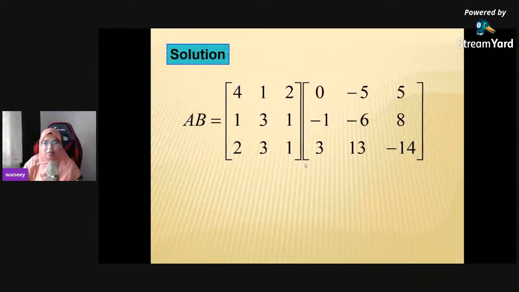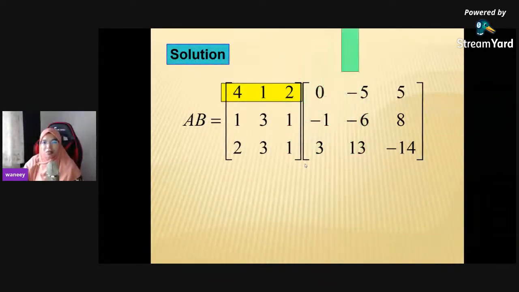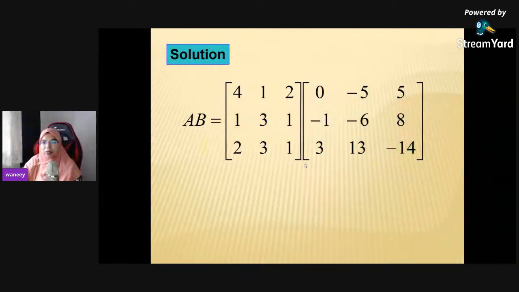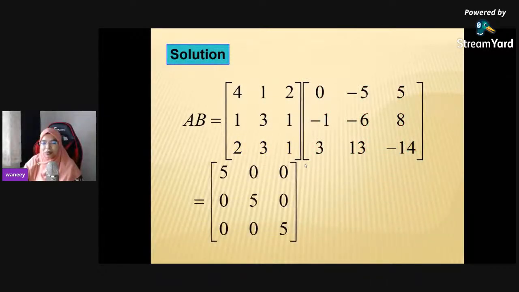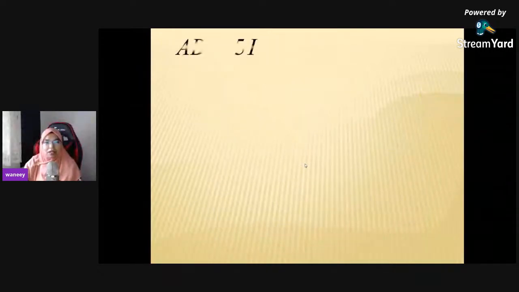So for AB, you take the first row times each column, then the second row times each column, then the third row times each column, and the answer is 5, 0, 0, 0, 5, 0, 0, 0, 5, which is simply equal to 5I. So if you got 5I, congratulations everyone. Okay, next.